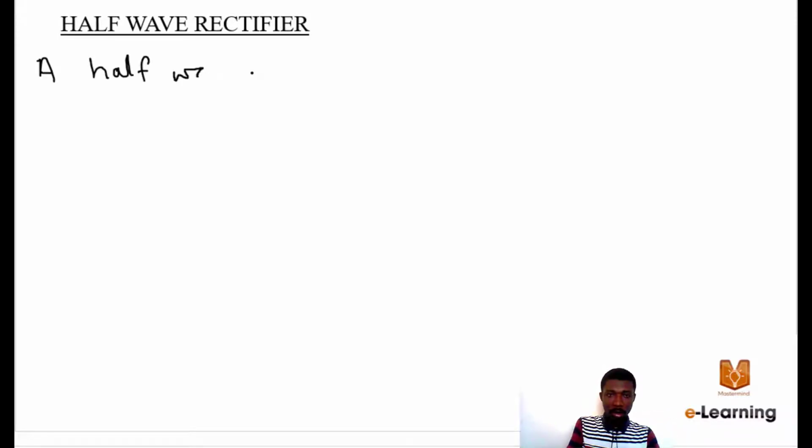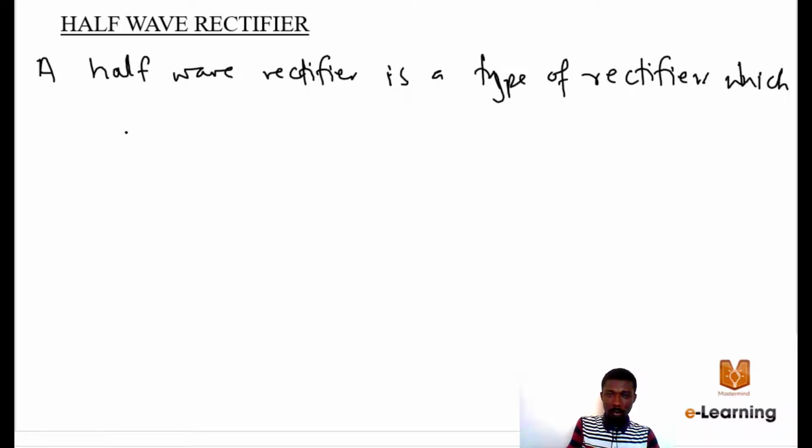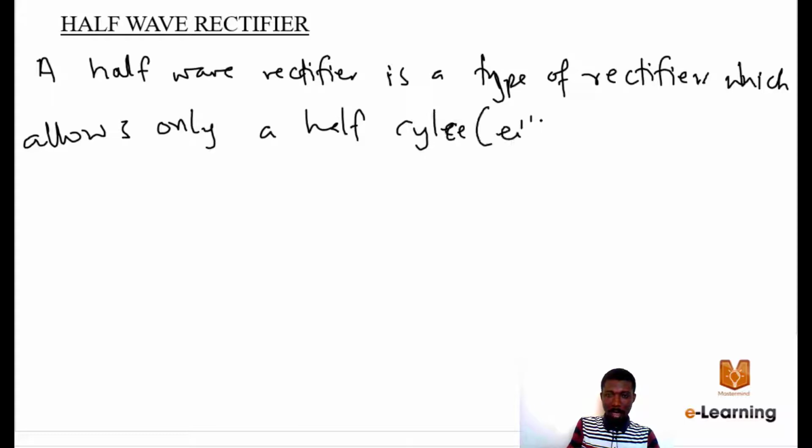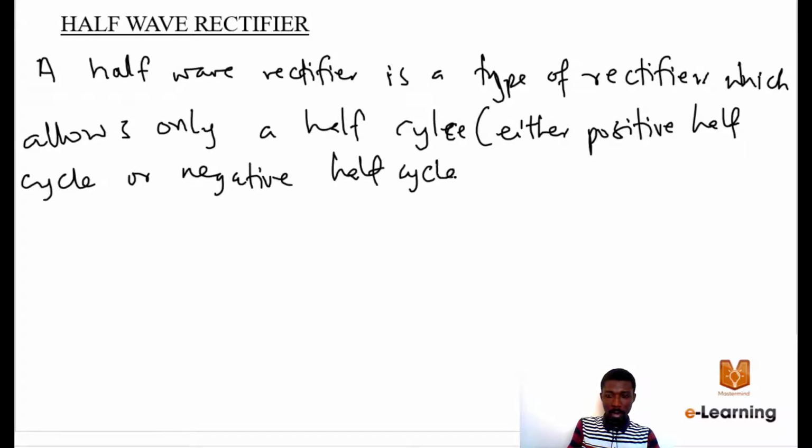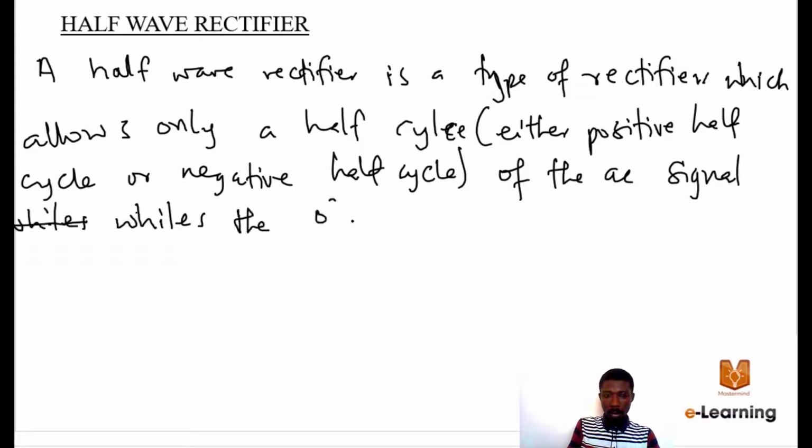A half-wave rectifier is a type of rectifier which allows only a half cycle, either the positive half cycle or the negative half cycle of the AC signal, whilst the other half cycle is blocked.